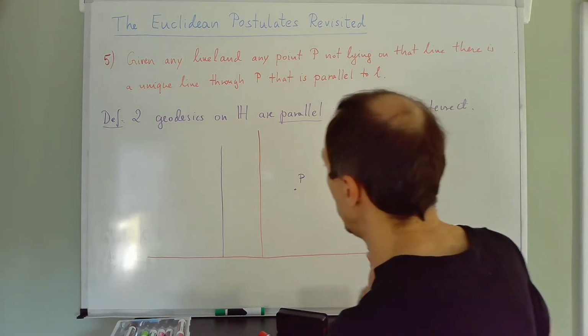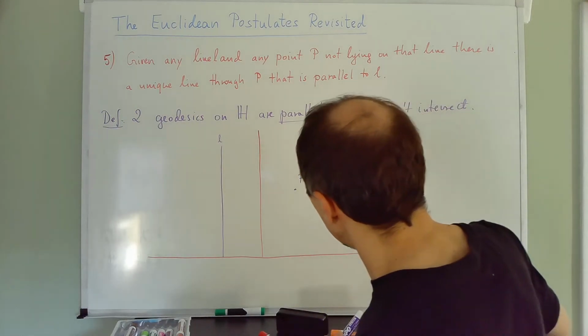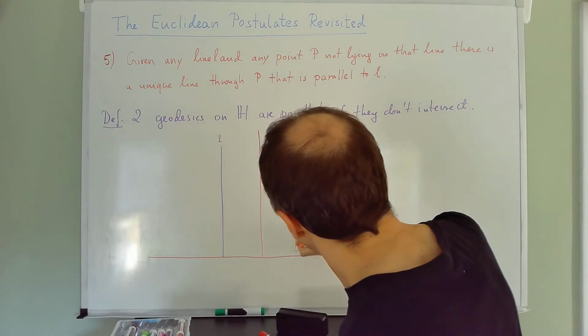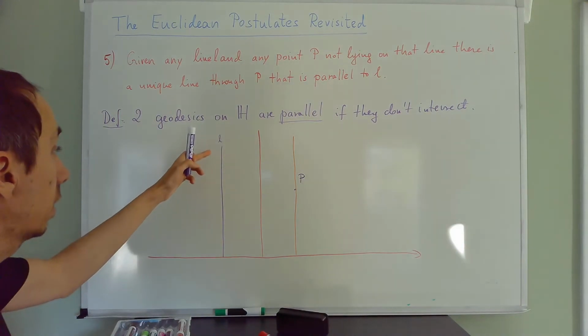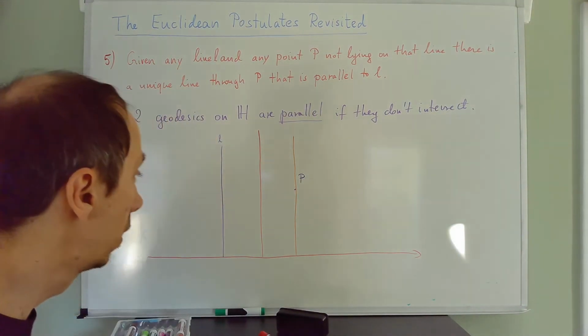So that would be my line L. Well, there's one here. That line definitely does not intersect this line L, so it's parallel to it.